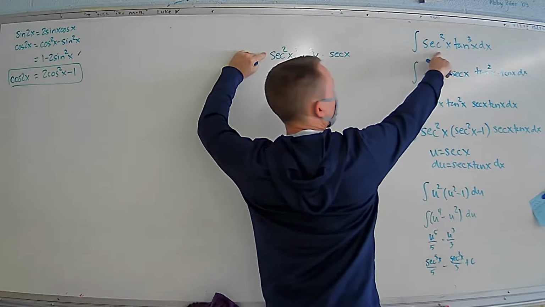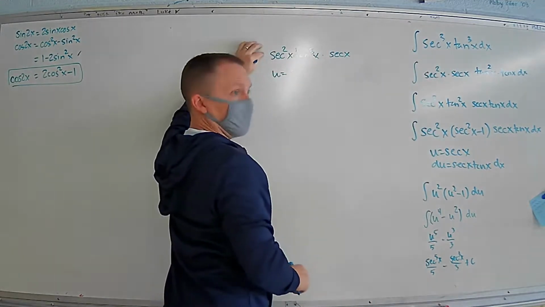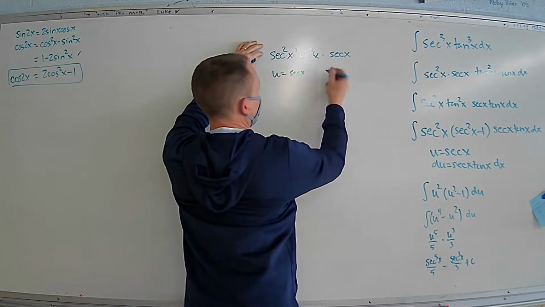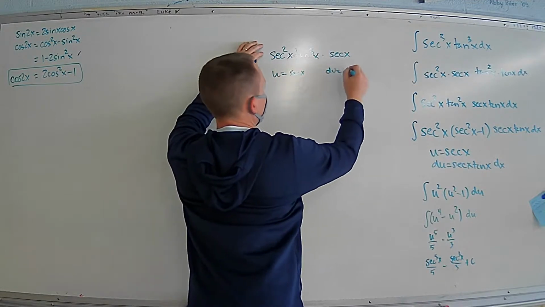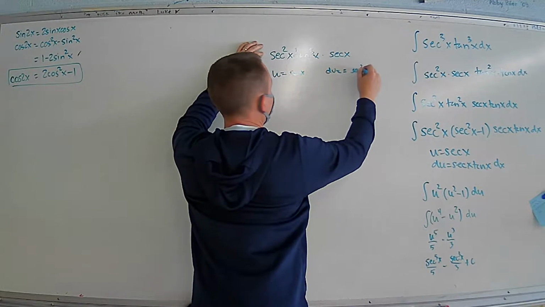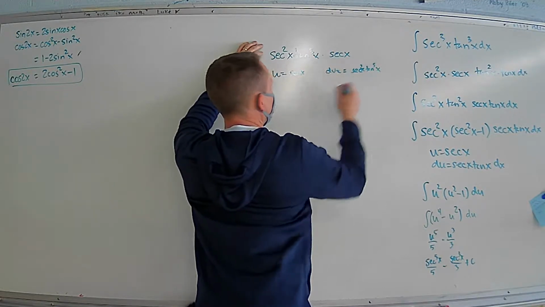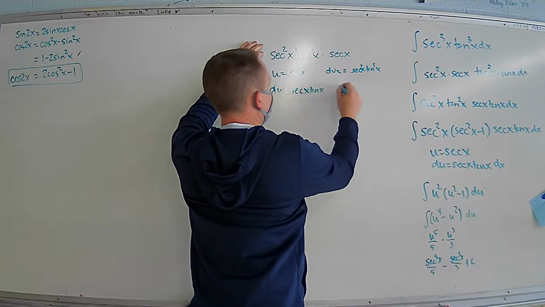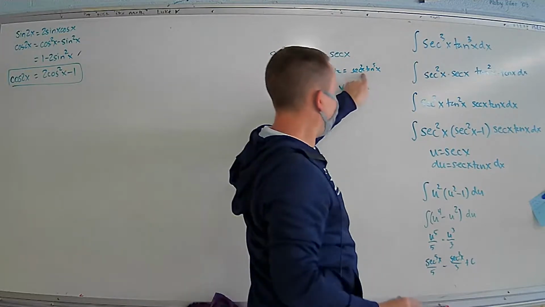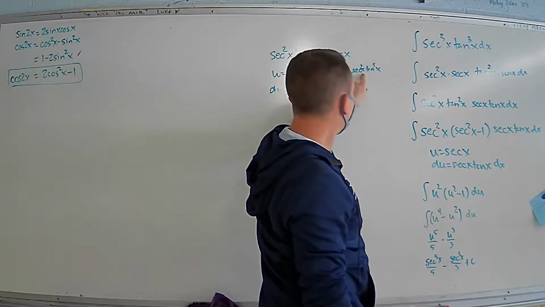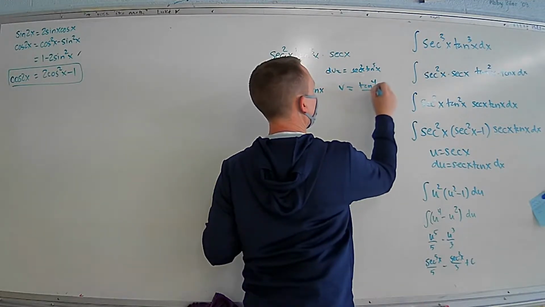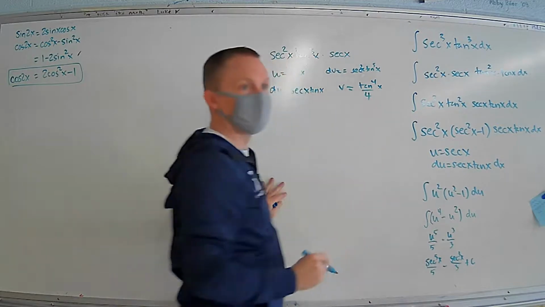Okay, so if I'm going to do this by parts, I might let u equal secant of x, and dv equal secant squared x tangent cubed x. Du is secant x tangent x. V is actually going to equal tangent to the fourth over 4.